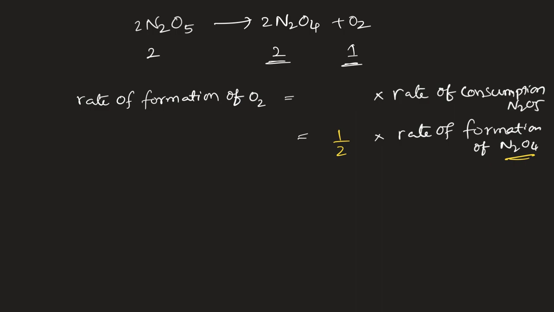And the rate of consumption of N2O5, this is also how much? Half of this. So the rate of formation of O2 is half of the rate of consumption of N2O5, and the rate of formation of O2 is half of the rate of formation of N2O4.